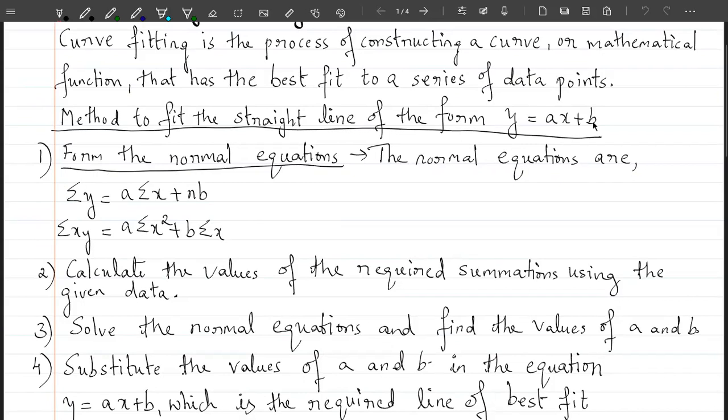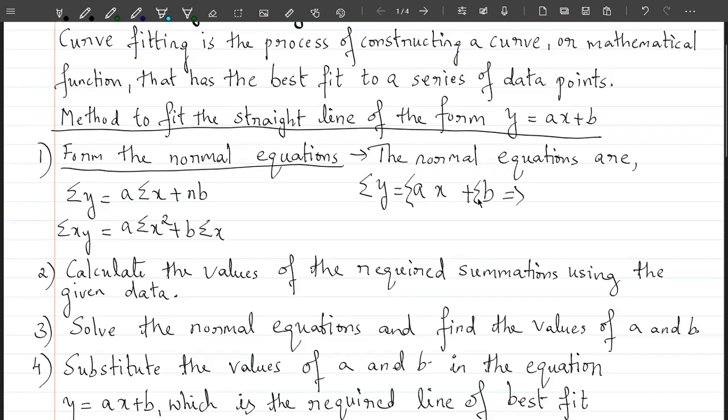So this first normal equation is obtained directly by taking the given equation itself, that is y equal to ax plus b. So what we do to get the first normal equation is we apply summation on both sides of the given equation. So if you apply summation on both sides, you get summation of y, and here I get summation of ax, and here I get summation of b.